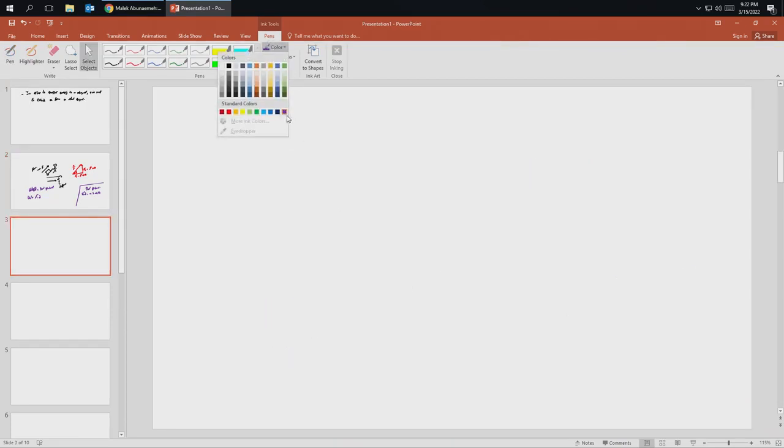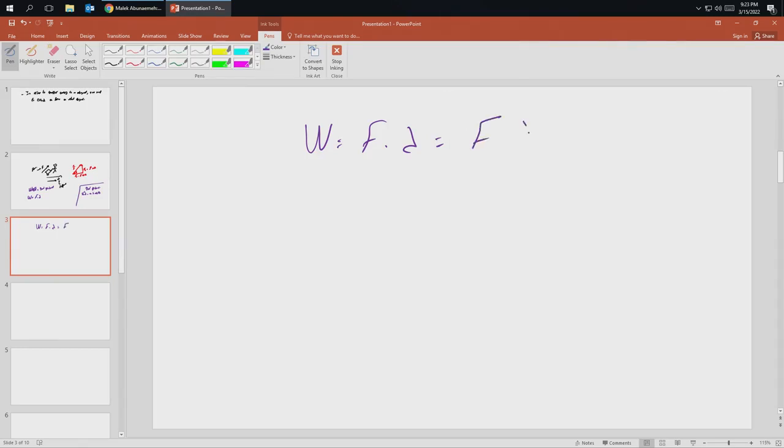The work is your force dot distance, which is going to equal, according to our rule, your force multiplied by your distance multiplied by cosine of the angle between them. Let me go ahead and label this.